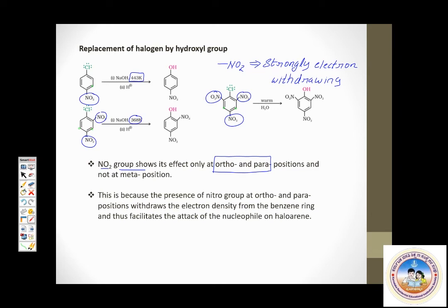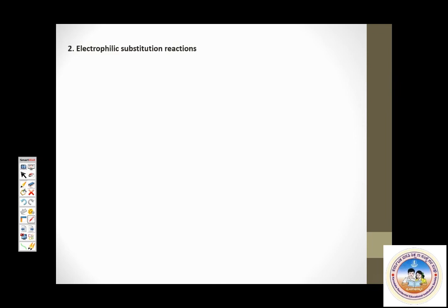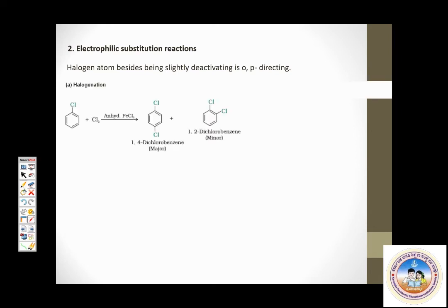Next. So if haloarenes cannot undergo nucleophilic substitution easily, they can undergo electrophilic substitution reactions. Here you have to remember these points. The halogen atom is slightly deactivating. It won't activate the ring, but it will slightly deactivate the ring. Why does the ring get deactivated?